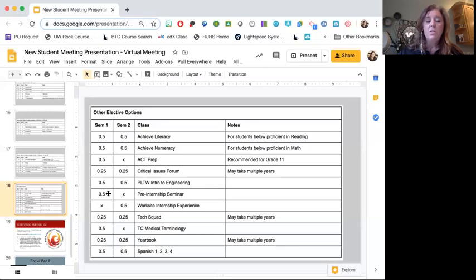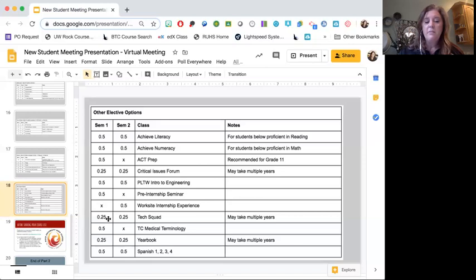So first semester, you explore what types of businesses and careers you'd be interested in working at, doing cover letters and resumes, and applying for internships. And then second semester, if your internship application is approved, then you would move on to do your worksite internship experience. So working with a local company, a local business, and doing an internship.